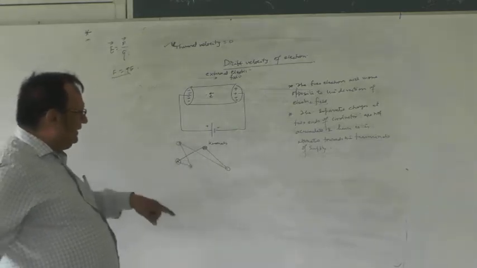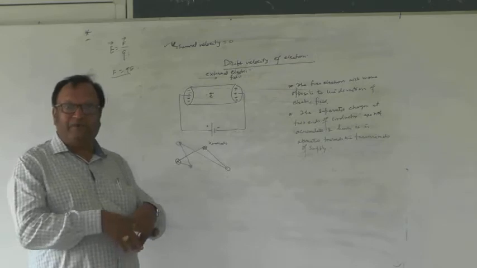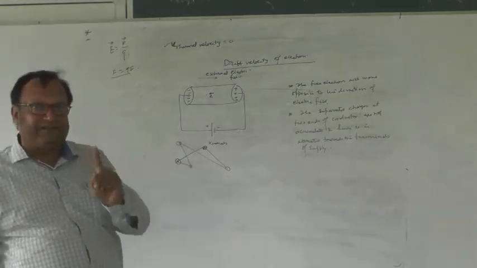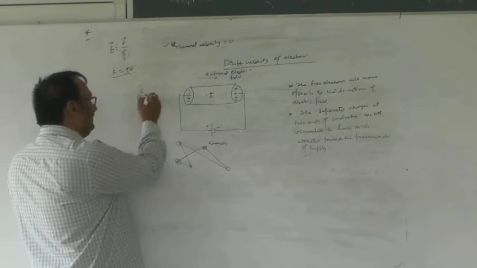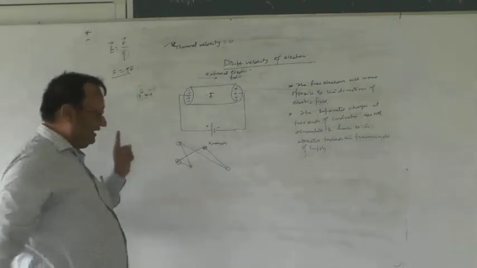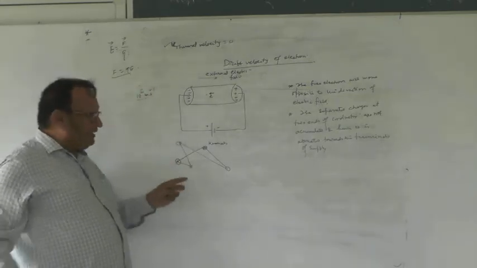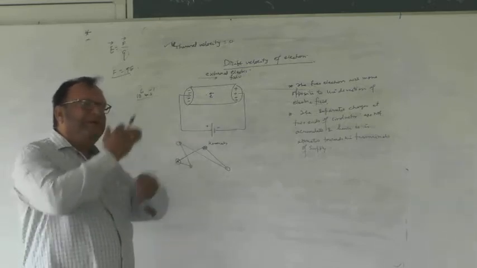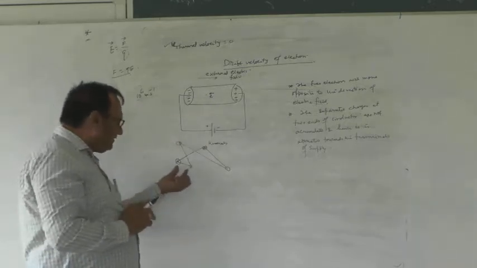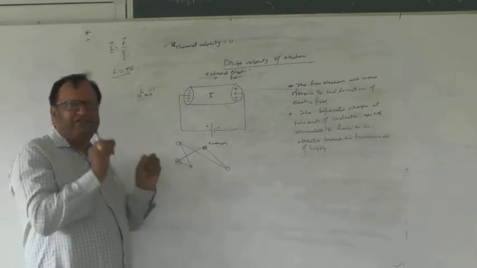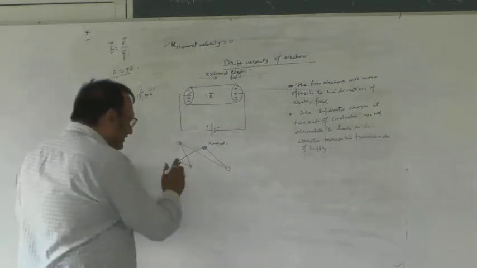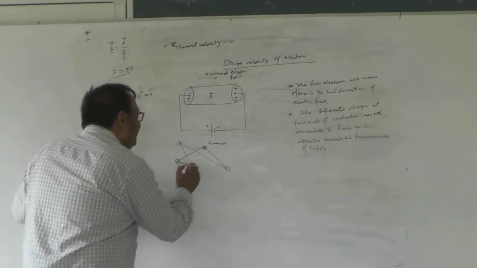So certainly, while they are moving with larger speed, the speed was the thermal speed, and it was nearly equal to 10 to the power 6 meter per second. I told you in the last class. But here, see, the collisions are being made by the free electron, but the distance traveled by this free electron is very small, and hence the drift velocity will be very small.